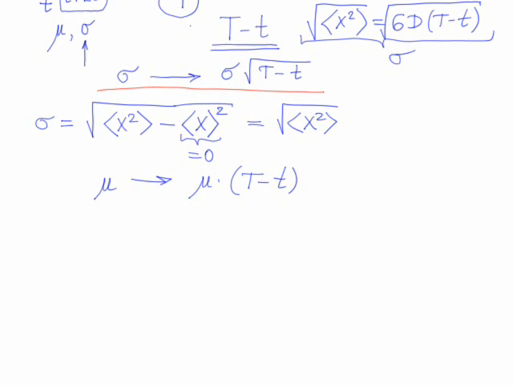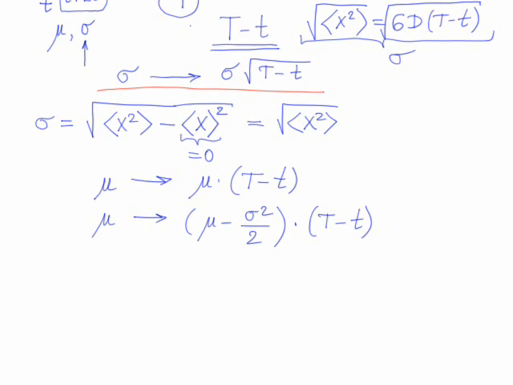I'll briefly explain why. It's an interesting point here. In fact it should be replaced by mu minus sigma square divided by 2, times t minus small t.